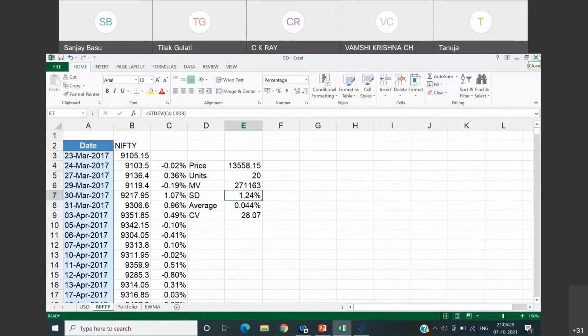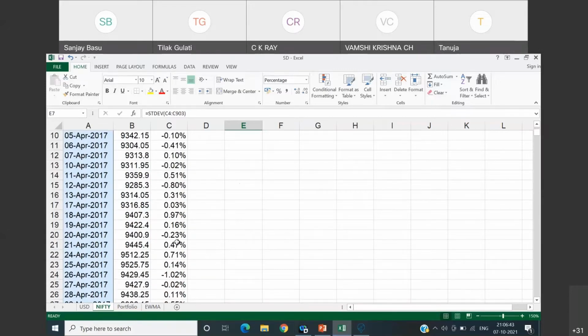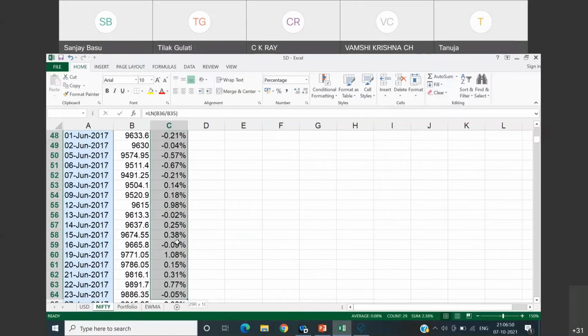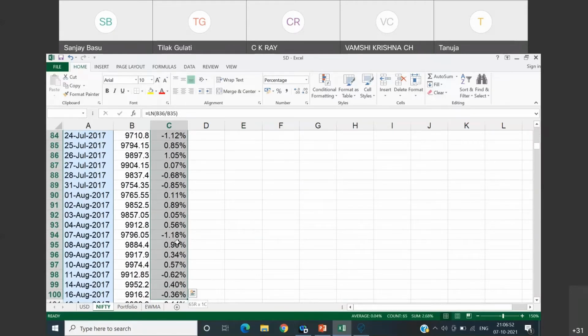The second one, right? So standard deviation does not capture the direction of the shock. The second problem: even if the bank holds capital to absorb a daily shock of 1.24%, let's go down.